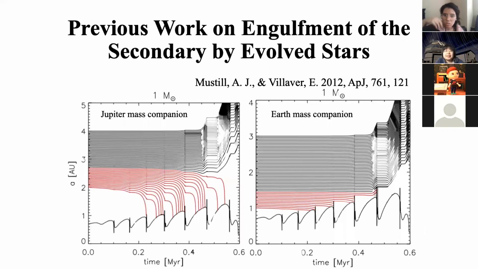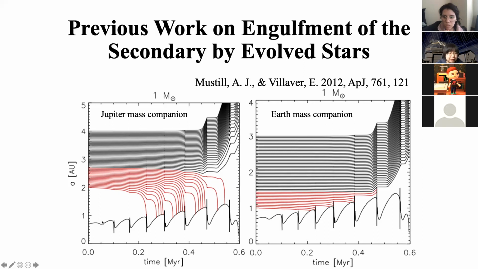Next is a review of previous work on the 3 effects that I just mentioned. Here we have 2 orbital evolution plots for a 1 Jupiter mass companion on the left and a 1 Earth mass companion on the right. They are all orbiting around a 1 solar mass star. The y-axis is the system separation, and the x-axis is evolutionary time, starting from the beginning of the AGB phase.